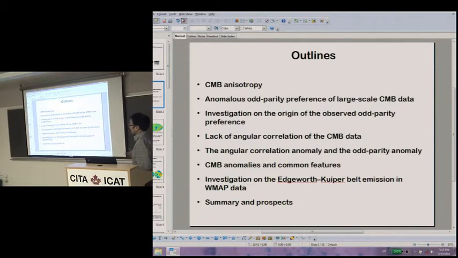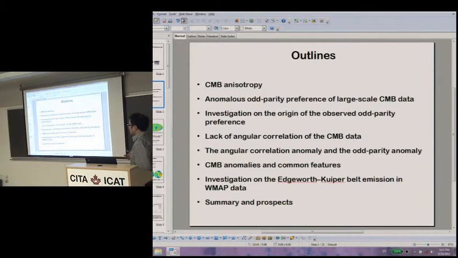And then for a moment, I'm going to step away from the main topic slightly and discuss the lack of angular correlation of CMB data, and then show the angular correlation anomaly and odd-parity anomalies are deeply related.